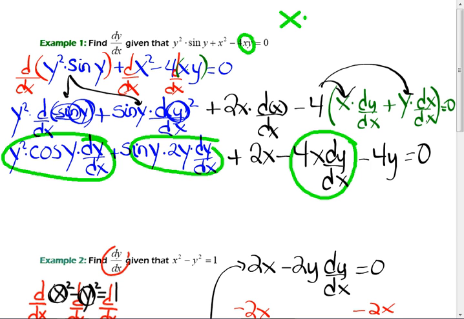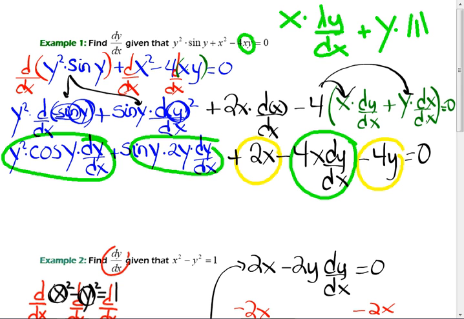X times dy dx. Whoops, the highlighter doesn't work very well. Plus y times the derivative of x. And then you could gather all the dy dx's together and factor, and these other terms would have to go to the other side. Figure out dy dx, and you would factor out dy dx.